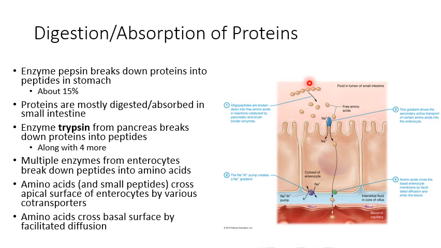Then once you have all the proteins degraded into peptides, you have a bunch of different enzymes from the enterocytes that are going to chop that up the rest of the way into free amino acids. Those will be transported into enterocytes by some type of co-transporter. This is shown as a sodium co-transporter, and so you also have the sodium-potassium pump down here using ATP to establish the sodium gradient. Then the amino acids will cross the enterocyte and come out the other side by facilitated diffusion through some transporter.